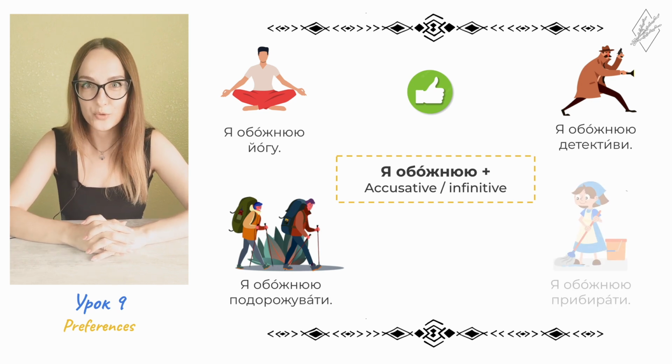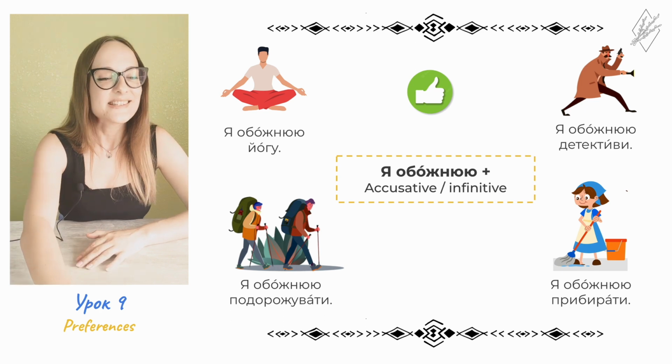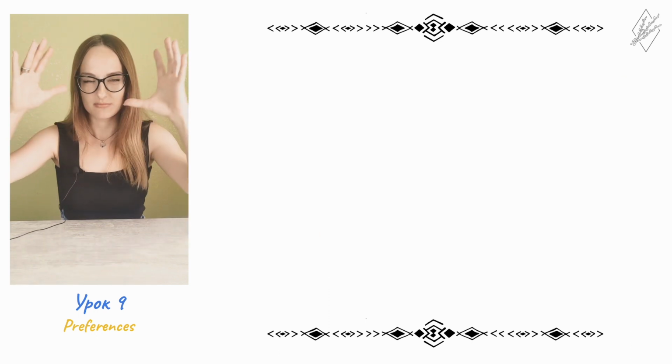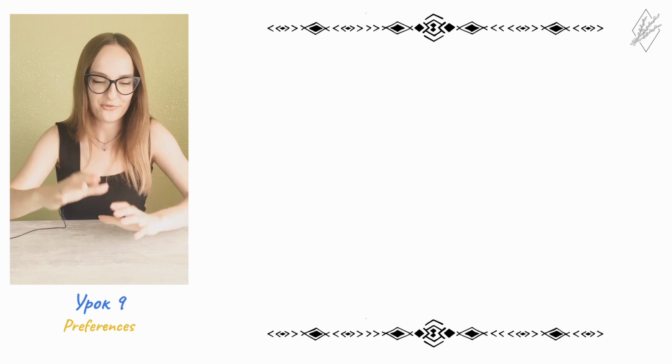And another probably new verb, прибирати. Я обожнюю прибирати. Прибирати means to clean. Who adores to clean except Monica in Friends? I don't know. So, this is, as we said, the strongest way to express our positive preference.